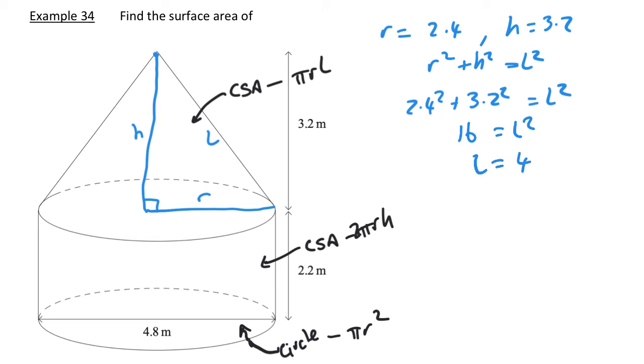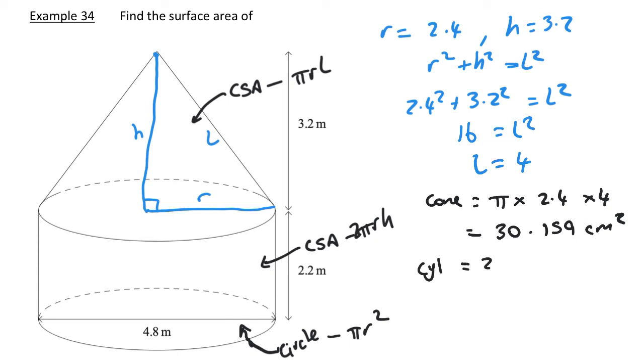So the curved surface area of the cone, we've got pi times 2.4 times 4, which is 30.159 squared centimetres. For the cylinder, it's going to be 2 times pi times the radius, which is 2.4 again, and the height of it is 2.2, so that's 33.175.